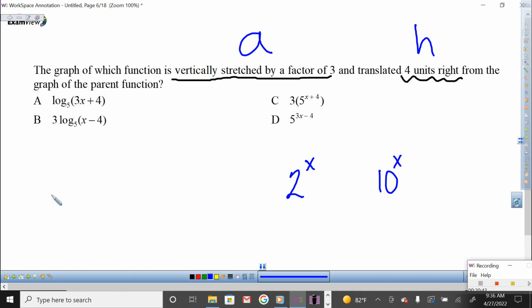Logs, we did a times log base b of x minus h, plus k. So by looking at it, which one is being multiplied by 3 and moved to the right 4 units? Tell your neighbor which one you think would be our option.